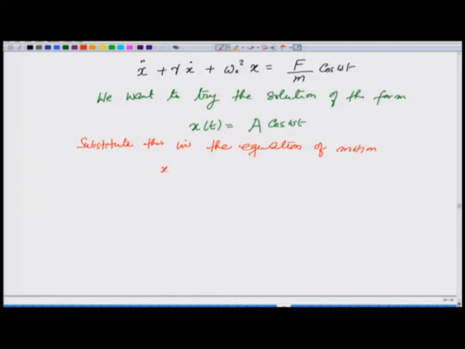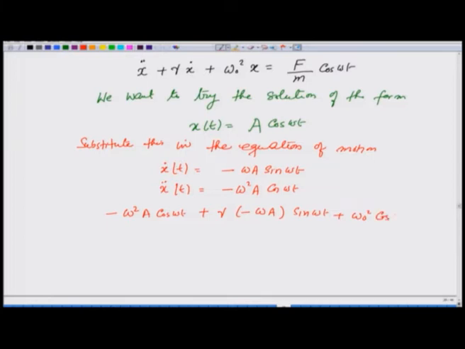So, x dot t is minus omega a sine omega t, x double dot t is minus omega square a cosine of omega t, and we substitute this in the equation. I get minus omega square a cosine omega t plus gamma times minus omega a sine of omega t plus omega 0 square a cosine of omega t equals f over m cosine of omega t.